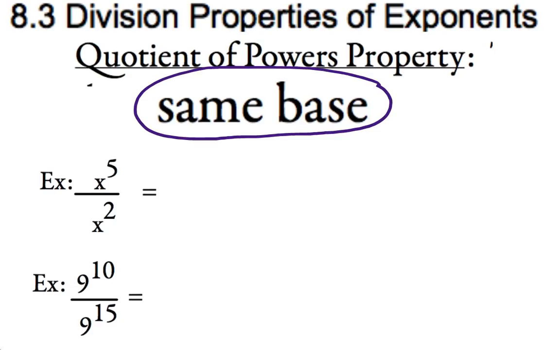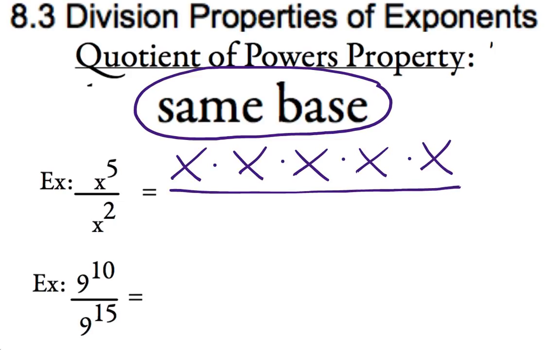So when I look at my first example, x to the power of 5 over x squared, I can write this as x times x times x times x times x, 5 times, divided by x times x.